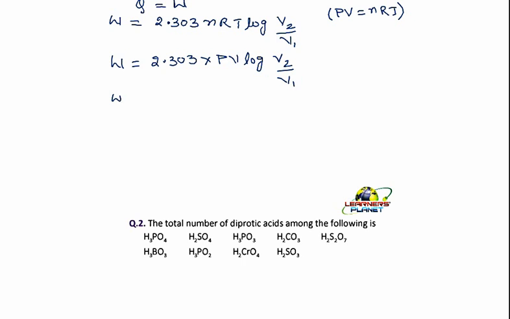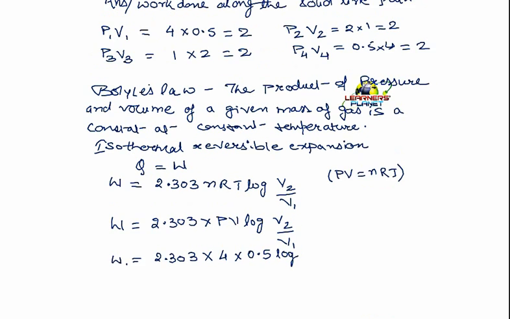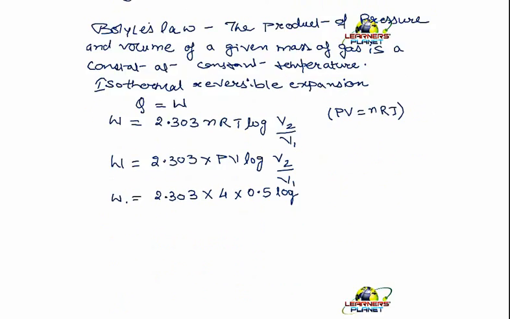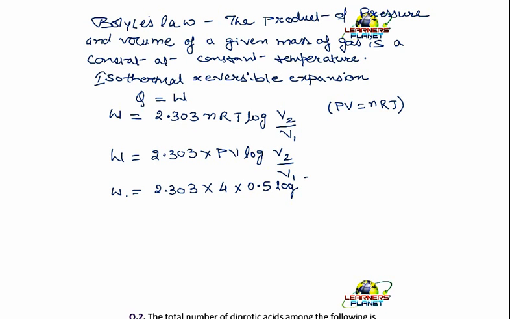Okay, so let's take up this. Your W is equal to 2.303 into what is the initial pressure? It's 4. The initial volume 0.5 and log of what was the final volume over here? It is 5.5 and the initial volume 0.5. So it should be 5.5 divided by 0.5, right?